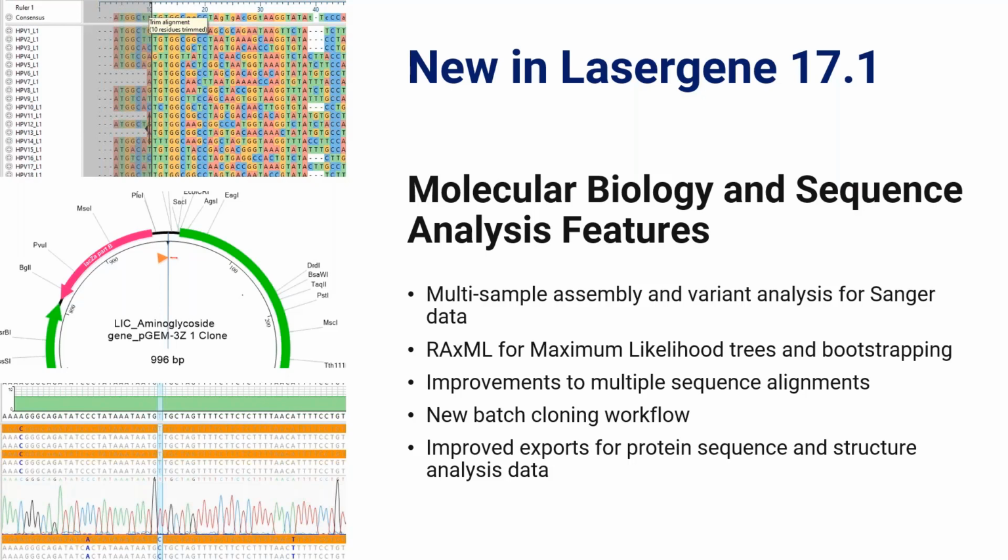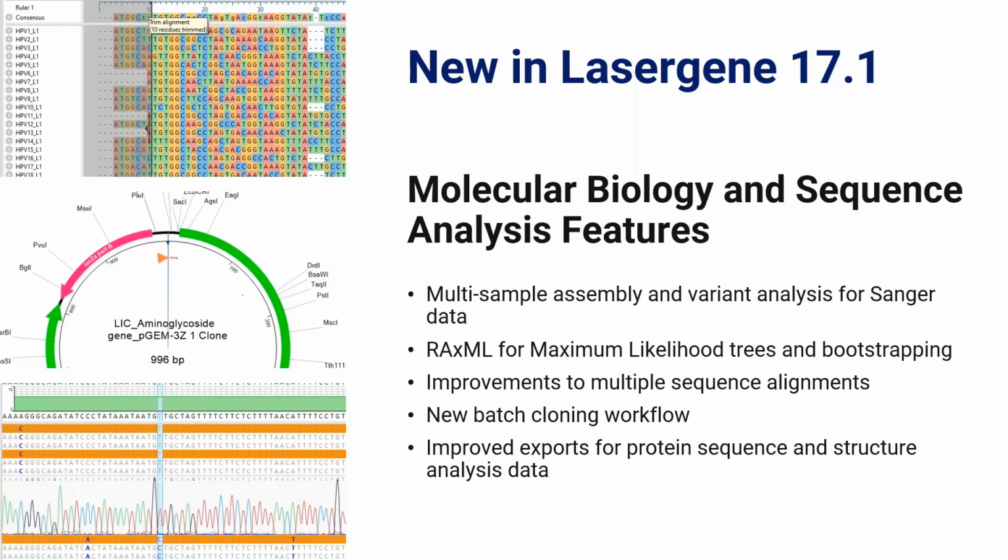Another big area of improvements in Lasergene 17.1 is multiple sequence alignments. We've made improvements to being able to edit your alignment, being able to trim sequences within an alignment, and also some improvements for phylogenetic trees. So we've added RAxML for maximum likelihood trees. We've added bootstrapping. Matt will show you those features as well.